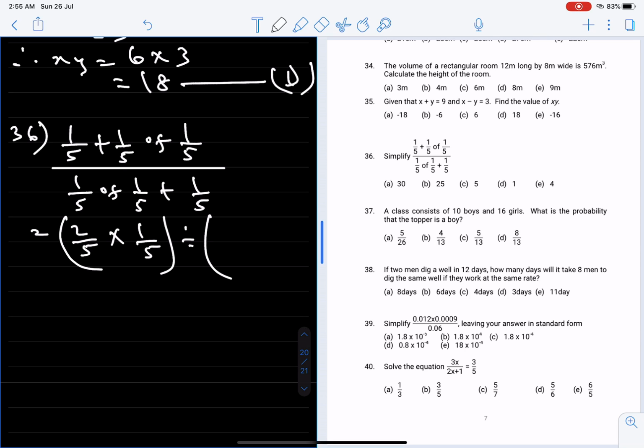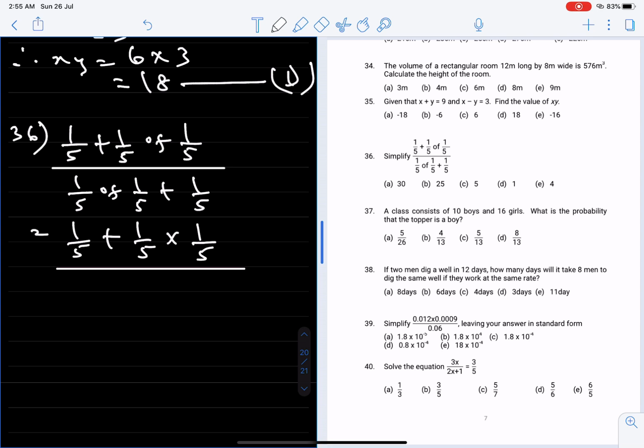Oh, no. We shouldn't make that mistake. We multiply before dividing. So the numerator should be 1 over 5 plus 1 over 5 of, and of means times 1 over 5.